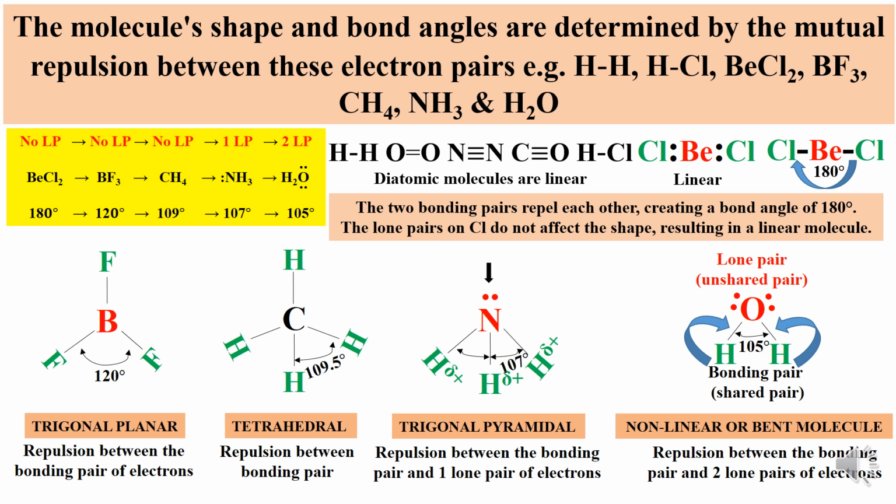So as the number of lone pairs increases, the bond angle reduces, and this is because of the repelling force of the lone pairs of electrons on the bonding pairs of electrons. And this is how the molecular shape and bond angles are determined by the mutual repulsion between these electron pairs.